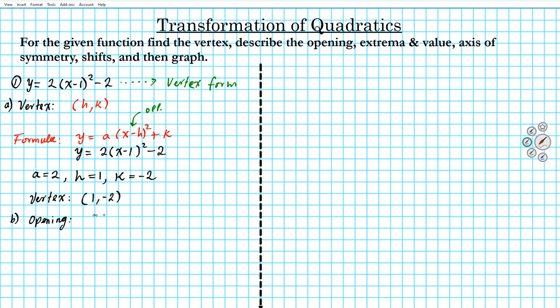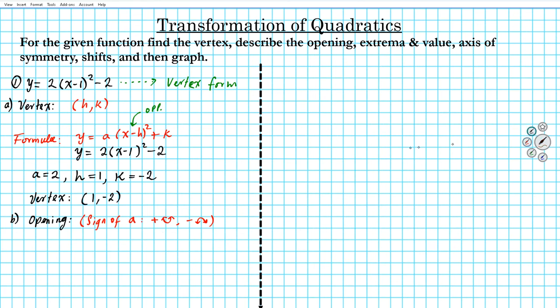You simply look at the sign of a. This is a simple rule. If a is positive, it's going to be a happy situation: it opens up. And if a is negative, it's going to be a sad situation: the parabola opens downwards. So basically the sign of a, positive or negative, will tell you the opening.